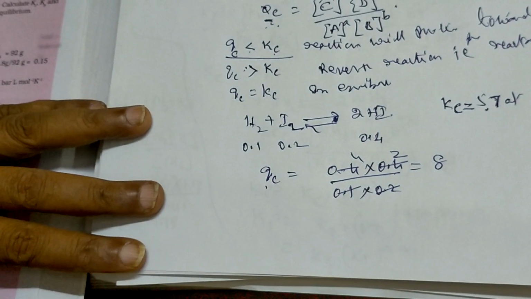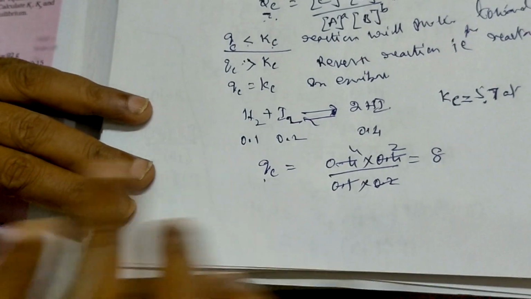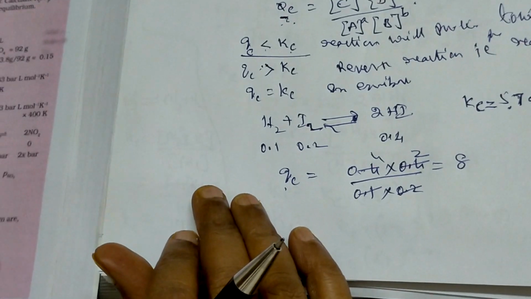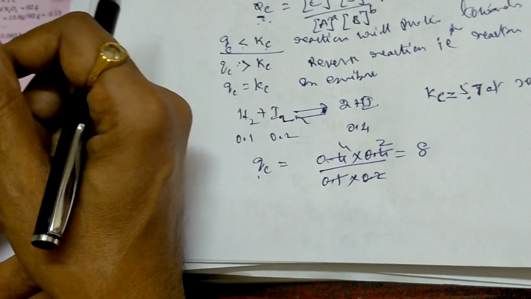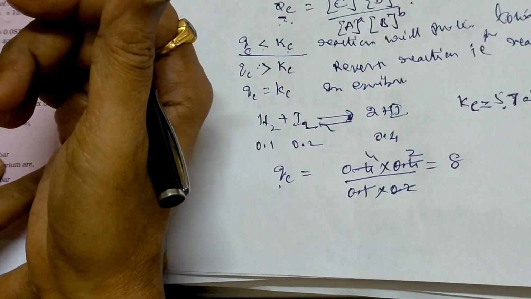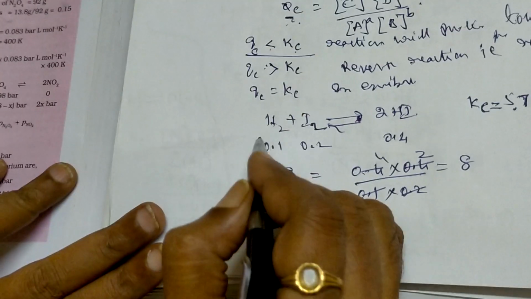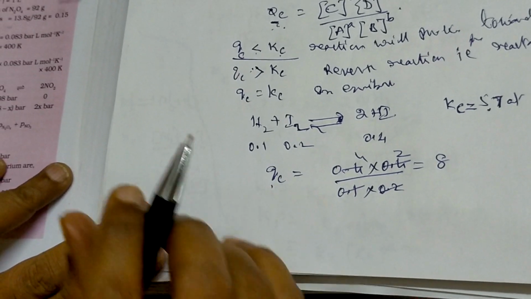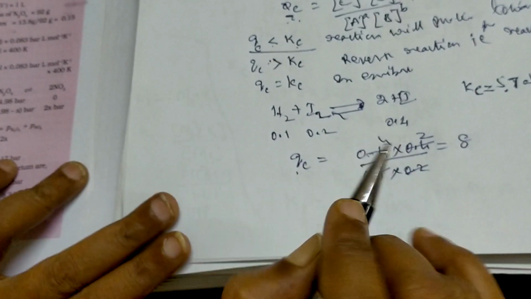So Qc is nothing but the reaction quotient at any time, whereas Kc is at equilibrium. Remember the values. Practically, how do you know whether we have reached equilibrium or whether it is proceeding further or in the negative direction? All this is by Qc measurement and concentrations. If Qc equals Kc, there is no net reaction further.